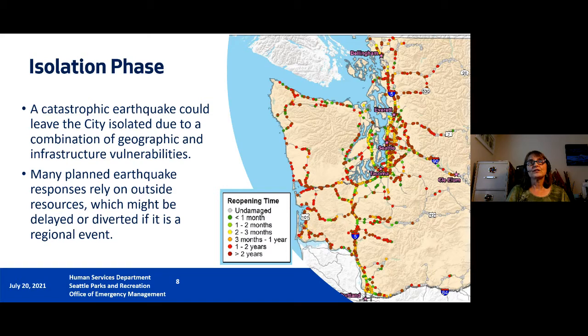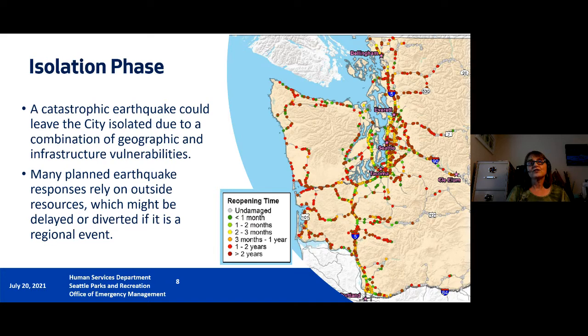It shows estimated bridge reopening times after a 9.0 Cascadia subduction zone earthquake. A high percentage of bridges are represented by orange or red dots, signifying that the projected reopening times are very long, ranging from 3 months to over 2 years.